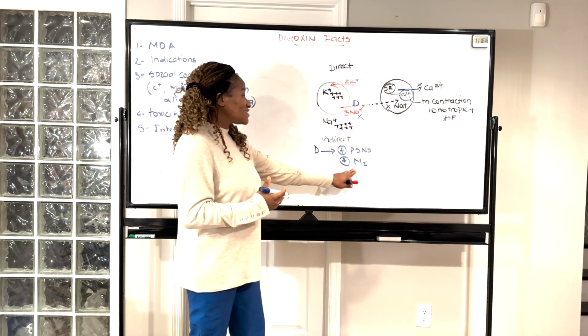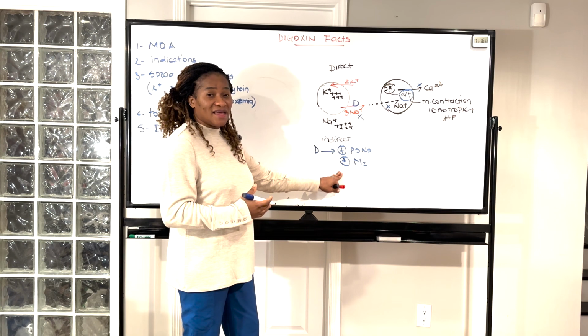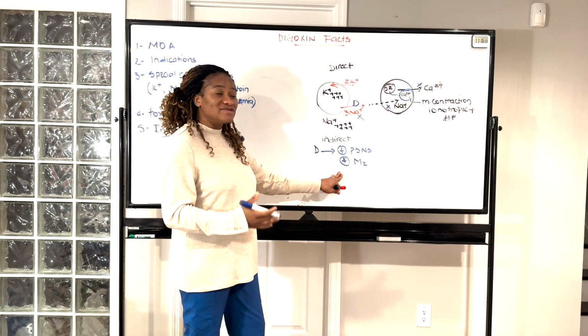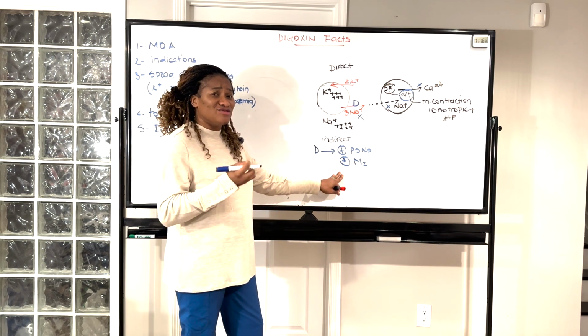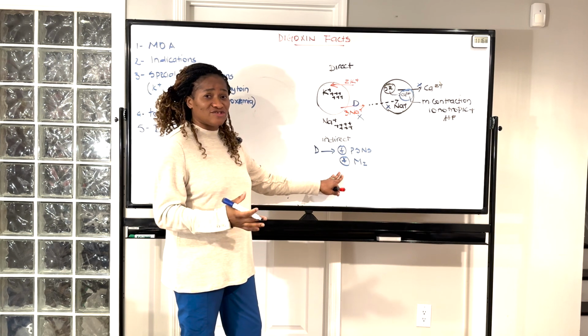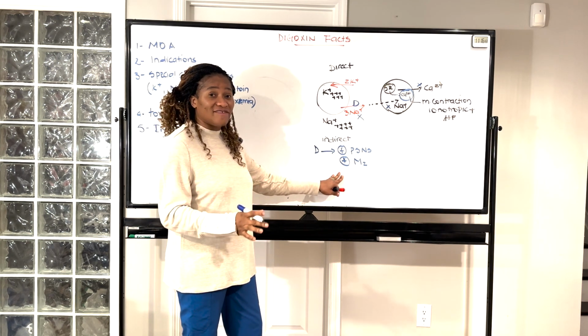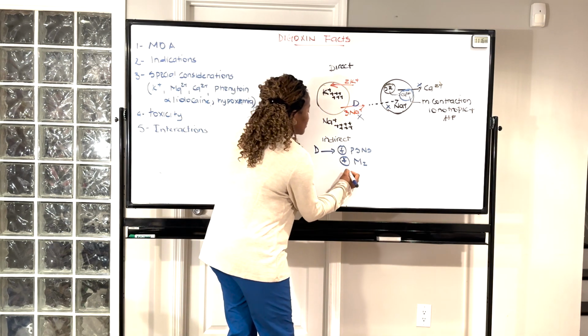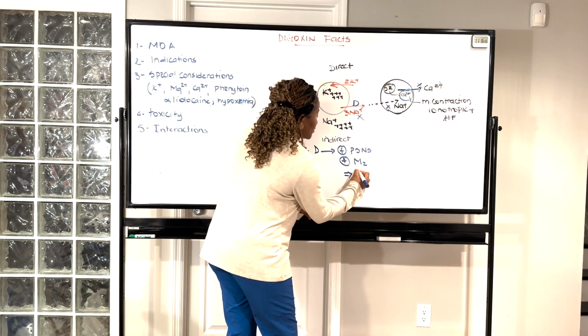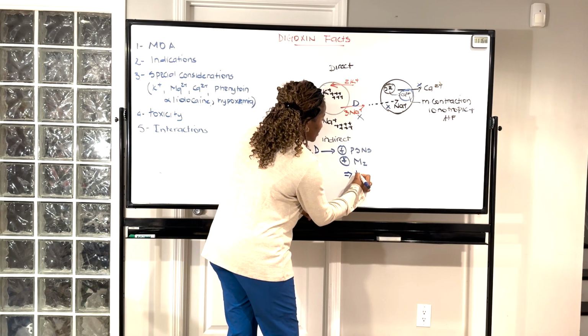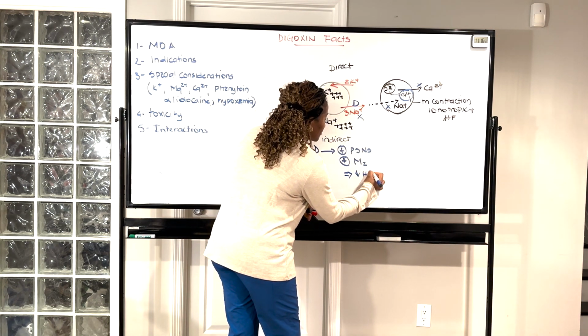So when it activates these receptors, the parasympathetic mostly works on the conduction of the action potential in the heart. So it's going to slow the rate of the AV node, and we're going to have a decrease in heart rate.